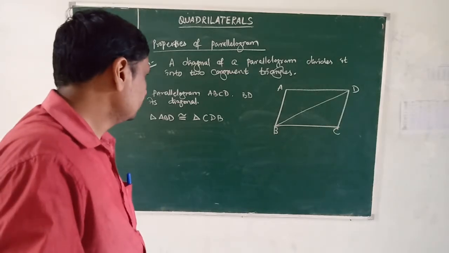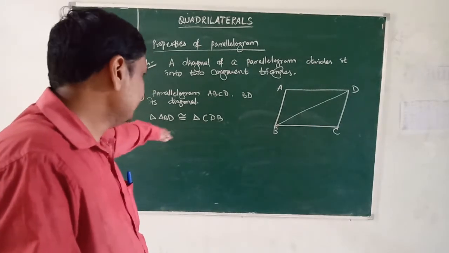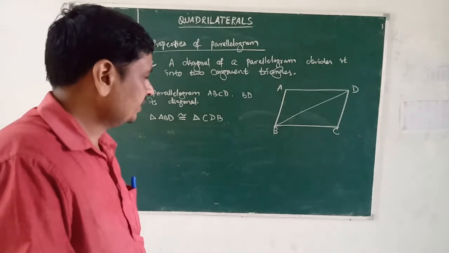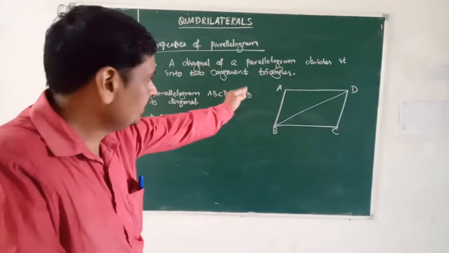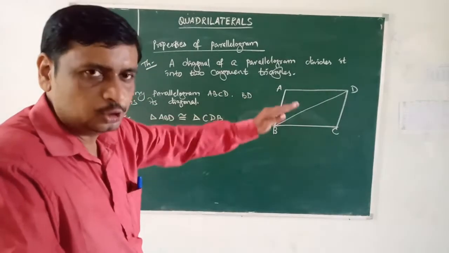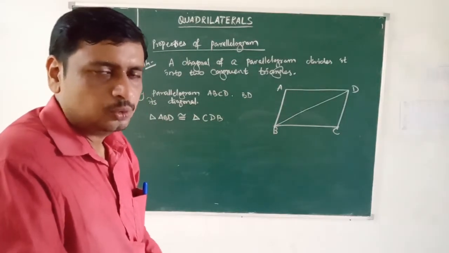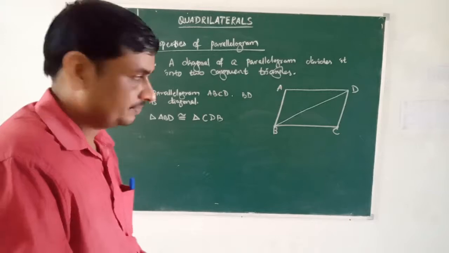That means the diagonal BD divides this parallelogram into two triangles which are congruent to each other.